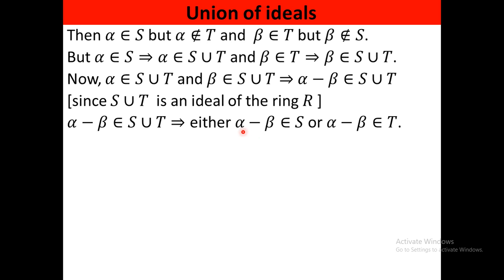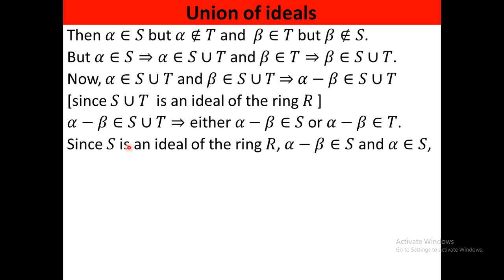Now if alpha minus beta belongs to S, then with alpha belonging to S, we have alpha and alpha minus beta as two elements of S, and S is an ideal.